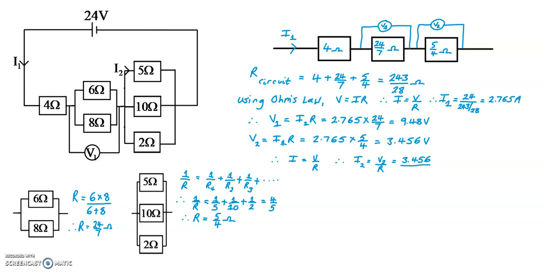Now, looking at the original circuit, the voltage is across the 5 ohm resistor, so 5 there. So the current going through the 5 ohm resistor is 0.691 amps.